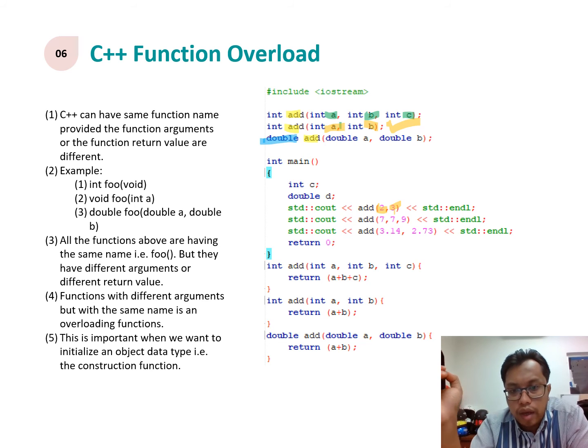And the last example, for instance, uses a double or floating values instead of integer. Definitely the compiler will decide that this is the function that is meant. So this is what we call function overloading.